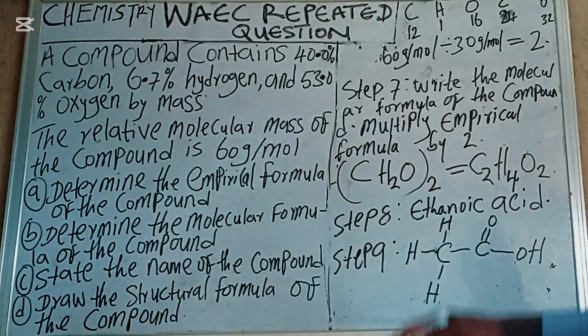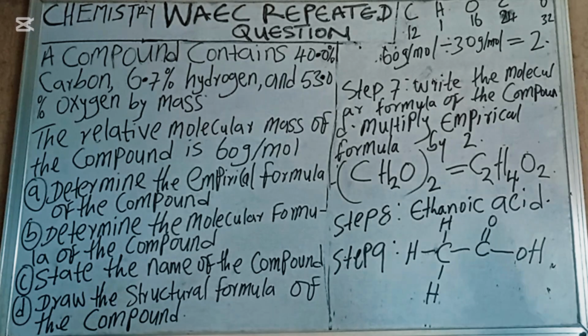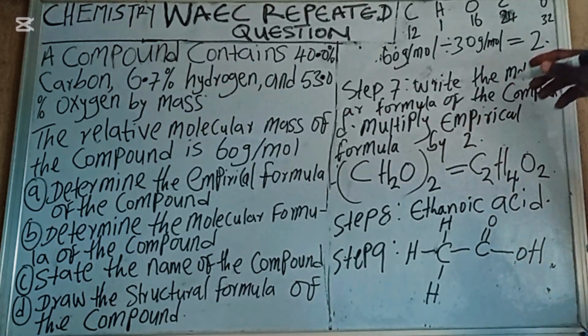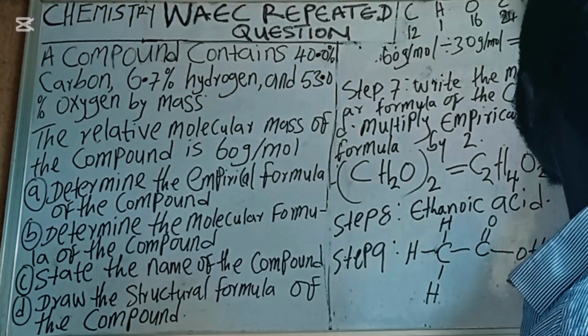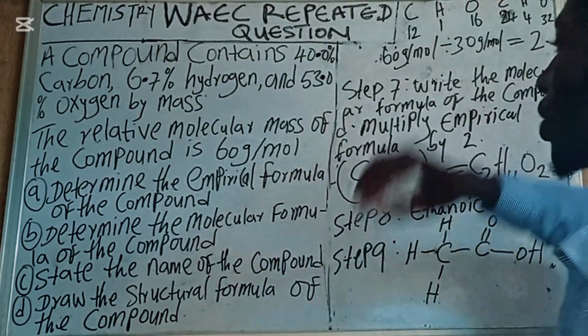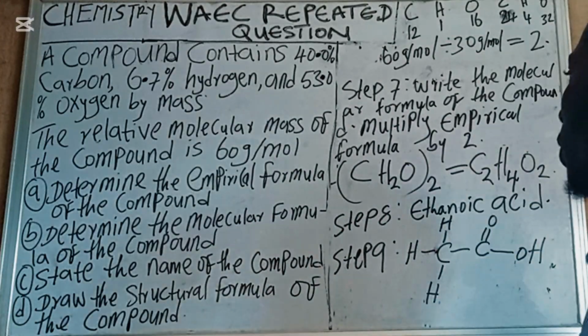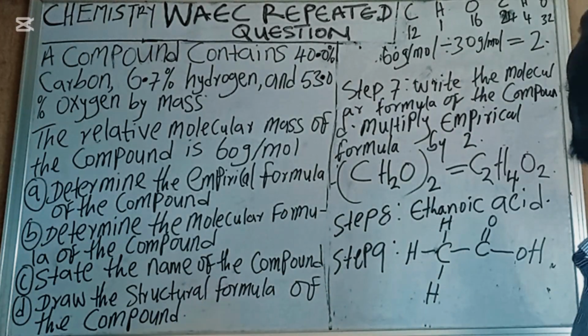So how much remains to reach 60? If you subtract 56 from 60, it will remain 4. So that means our hydrogen is 4. So this is as simple as it is. So always you need to be calculative. You need to reason. Science is all about logical reasoning.